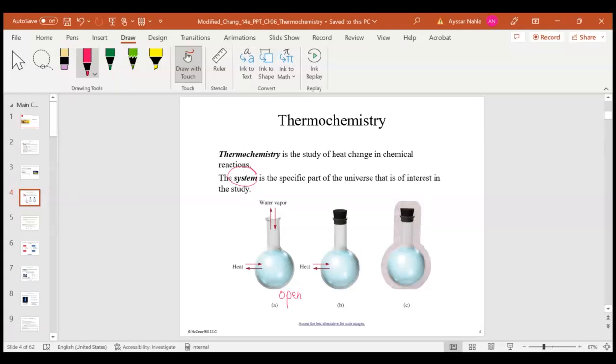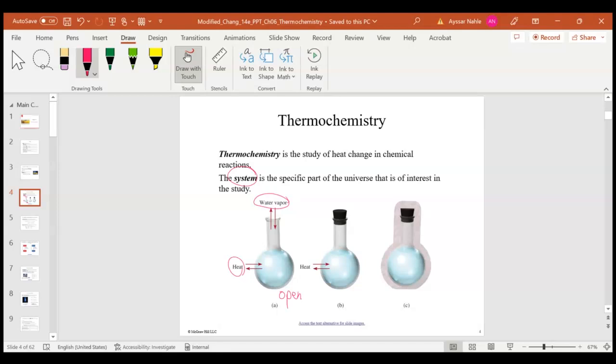That means some of the solution might leave or some material can come in. Something can come in, something can go out. It's not closed, so we say it's open. Also, the heat can go out and the heat can go in because it's not an insulator. That's why we call it an open system.